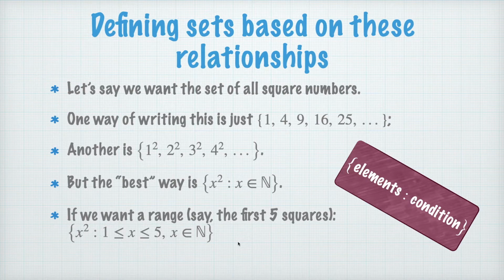Well, the set of all squares of natural numbers is obviously also going to be infinitely large. But you see, I don't need to have any of this sort of ambiguity that I do with 3 dots or something like that when I represent it in the form set of all x squared, where x is a natural number. That removes all ambiguity from the earlier representations, which all consist of 3 dots.